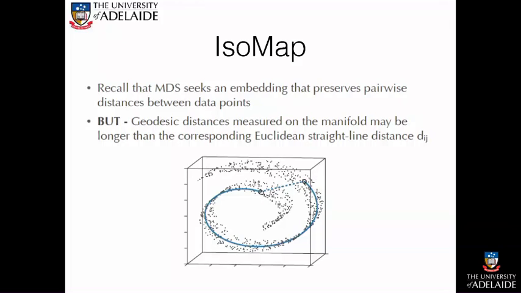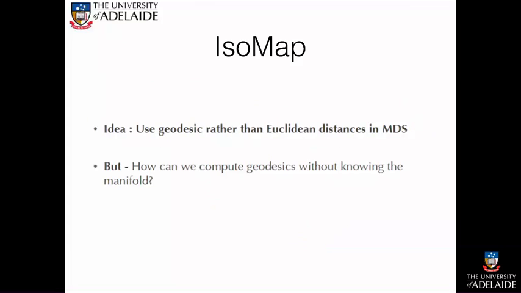Now instead you should calculate the length of this nonlinear curve. Basically we need to calculate the geodesic distance. And how do we do that? The high-level idea is to use geodesic distance rather than Euclidean distance in MDS. That's the only difference, right?